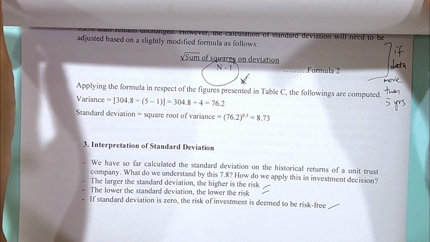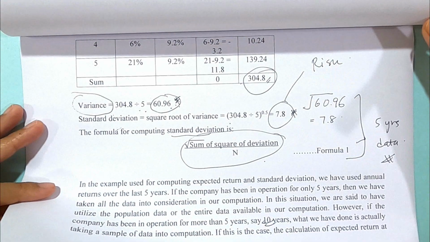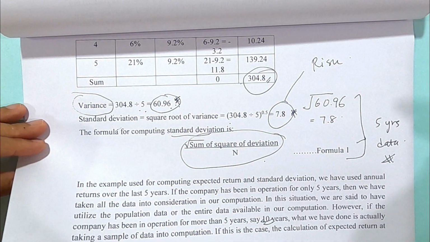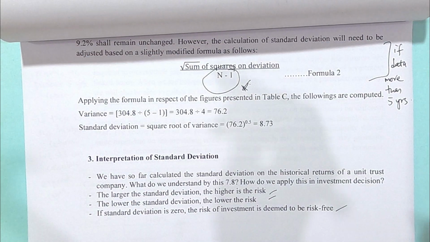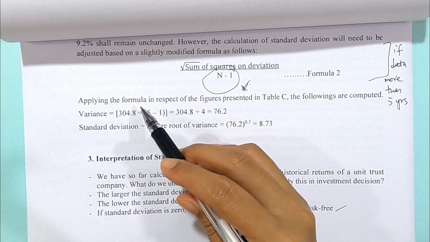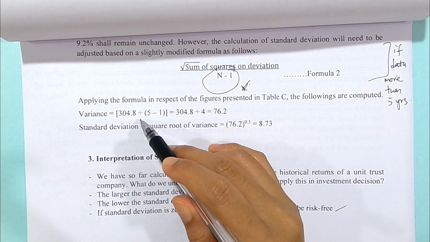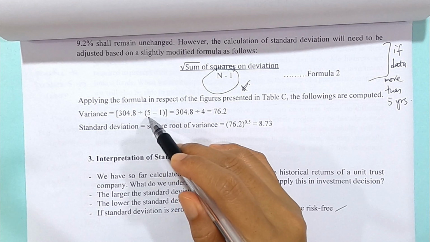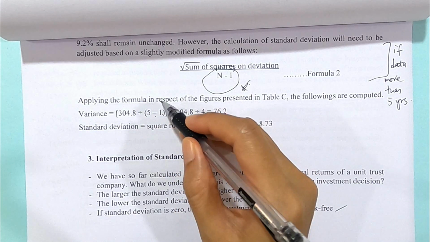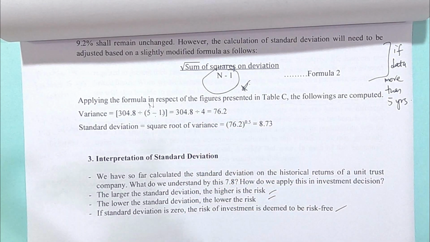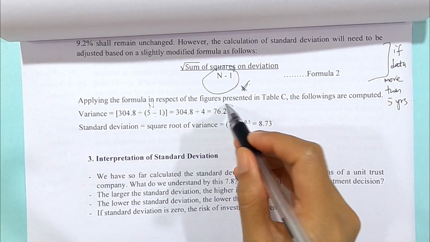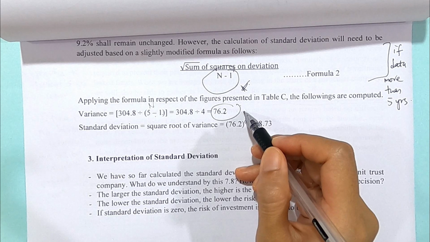All right, so as you can see here, minus 1. Therefore, the variance here, we have to divide it by 5 minus 1. Then we can get the new variance.